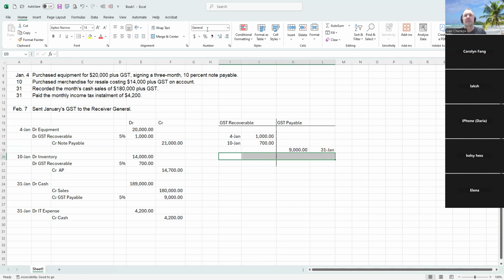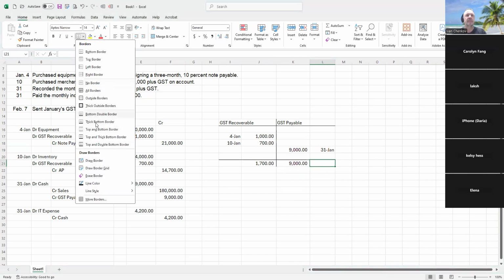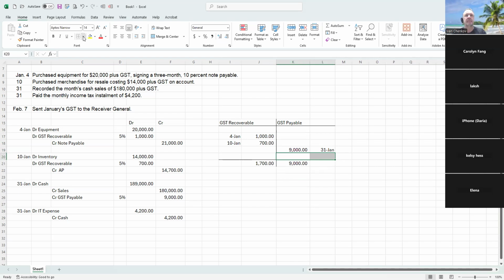Where are my balances? On the recoverable side, I have 1,700. On the other side, I have 9,000. So what do we have to do? What's my net? We have to pay cash.